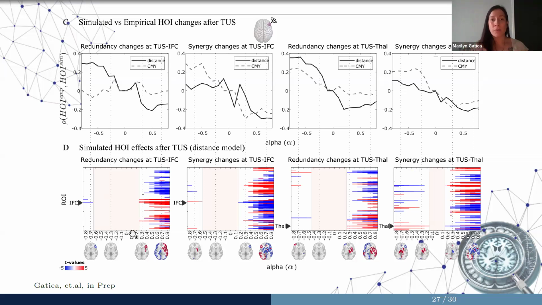That means when you are swapping just a little bit the area, you are not seeing any difference. Also, in the case of the changes with this alpha parameter that I will discuss briefly, when this is negative, we are also having the biggest correlation in the case of the redundancy.